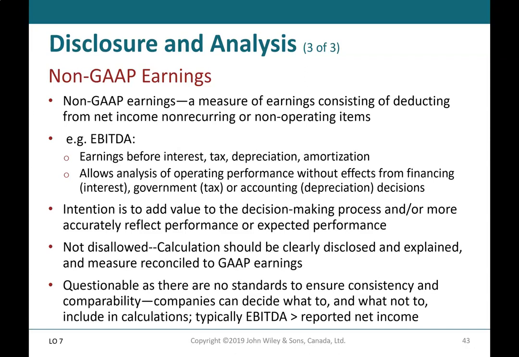The intention is to add value to the decision-making process and more accurately reflect performance or expected performance. Not disallowed, calculations should be clearly disclosed and explained, and the measure reconciled to GAAP earnings. Questionable, as there are no standards to ensure consistency and comparability. Companies can decide what to include and what not to include in calculations. Typically, EBITDA is greater than reported net income.